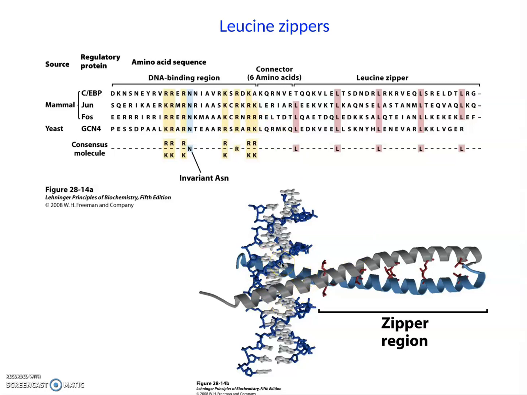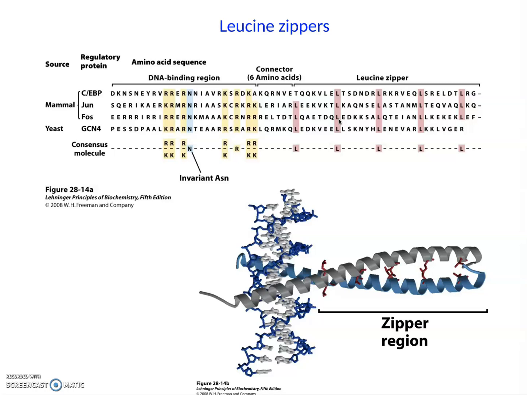What makes this protein special, in addition to this property, is that the rest of the protein has repeating leucine amino acids spanning every 7 amino acids. When the dimer associates with DNA, part of the reason is that these leucines from the opposite sides associate with each other and hold the dimer together.